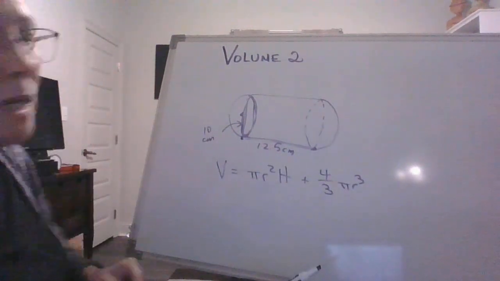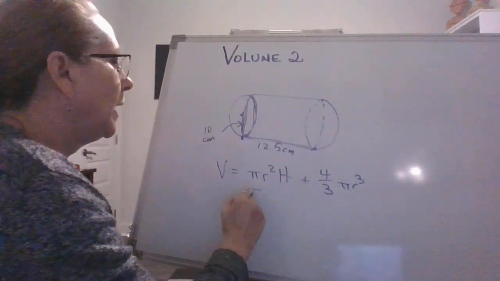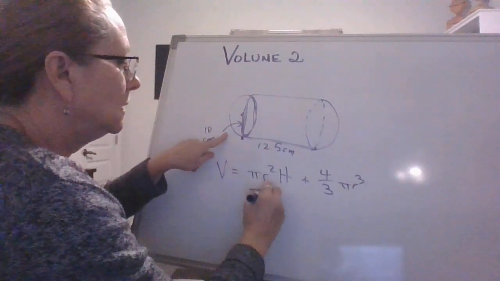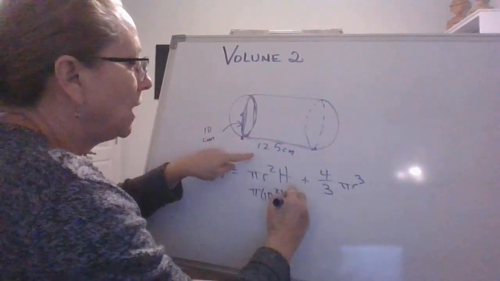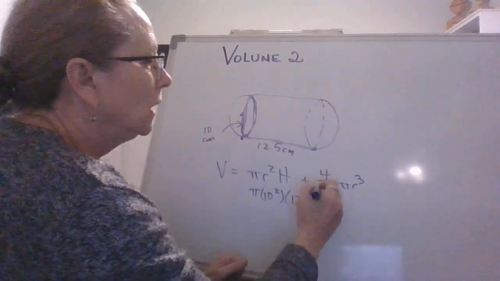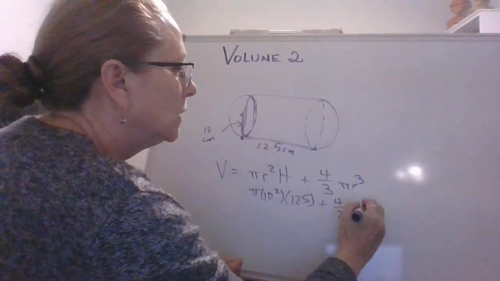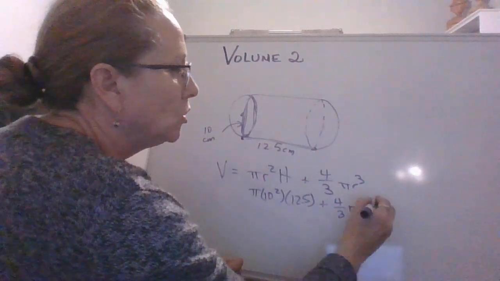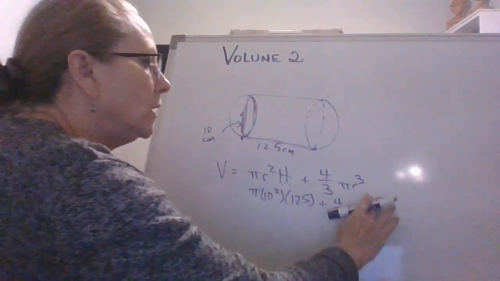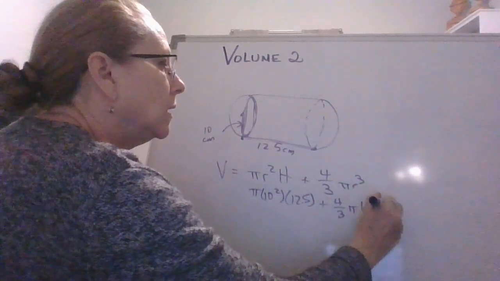All right, so now pi, radius of 10 squared, times the height, 12.5, plus 4/3 pi r cubed, 10 cubed. Don't forget it's cubed now. It is not squared.